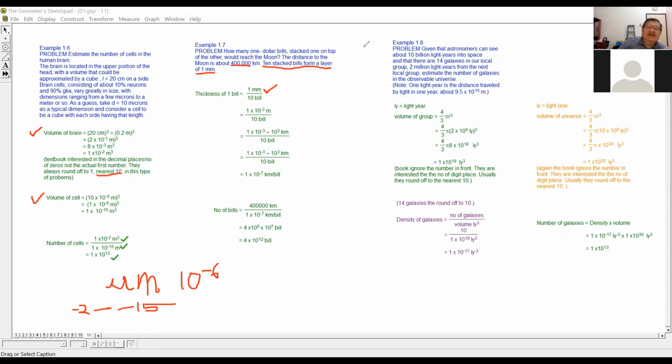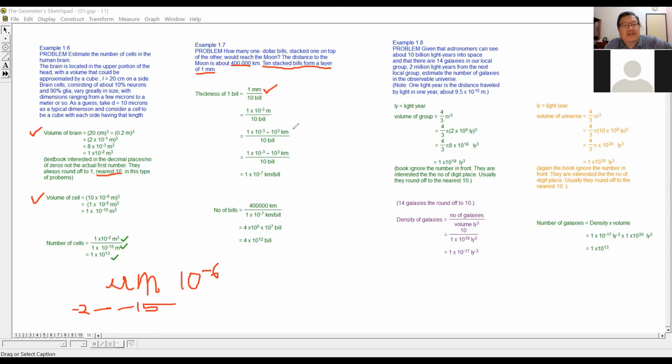Now these two units are not consistent, so I have to change either the thickness of one note to kilometer, or I change the distance from the earth to the moon to meter. In this case I've chosen to change it to kilometer.